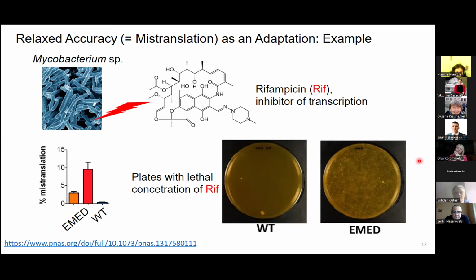But here you can see many, many colonies. So many that you can see almost a lawn of bacteria. So it means that mistranslation, the production of incorrect proteins, somehow allows bacteria to resist rifampicin.